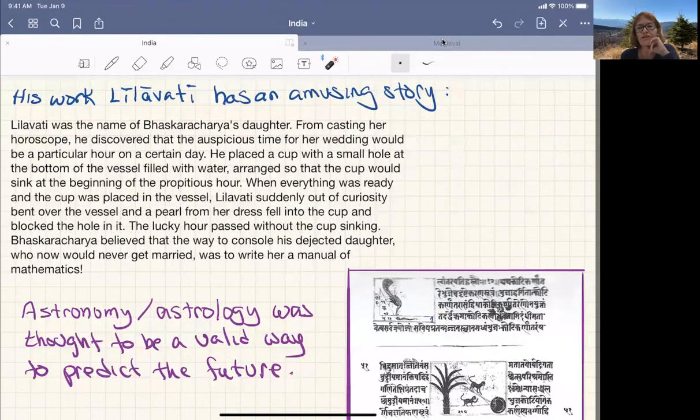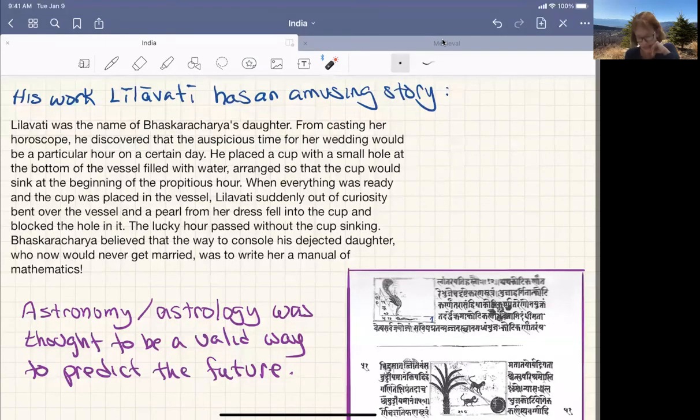So here's an amusing story in his work called Lilavati. Lilavati was the name of Bhaskara's daughter. And notice that here it's the Bhaskaracharya, Bhaskara the teacher.